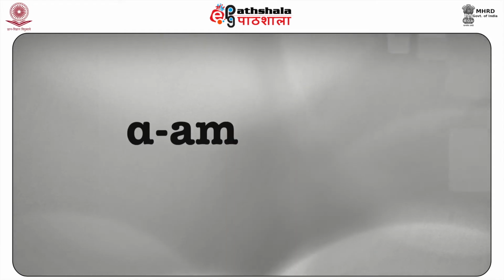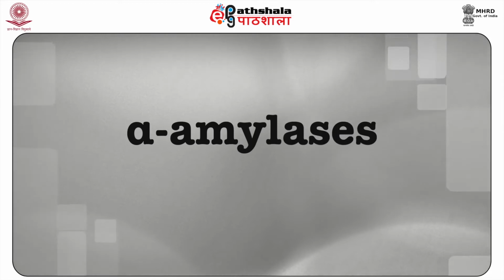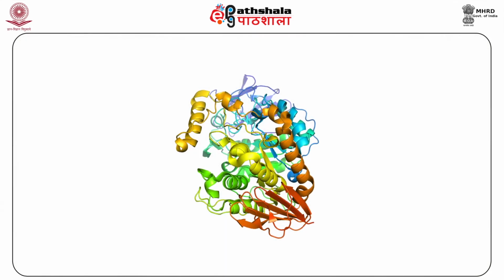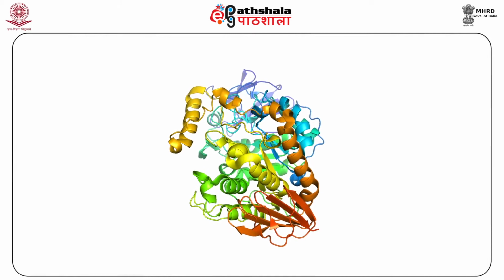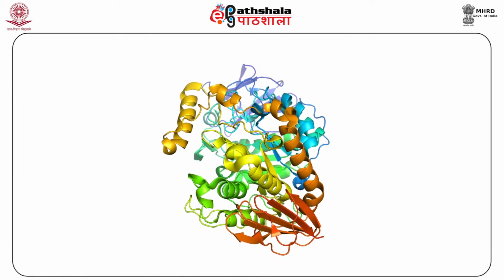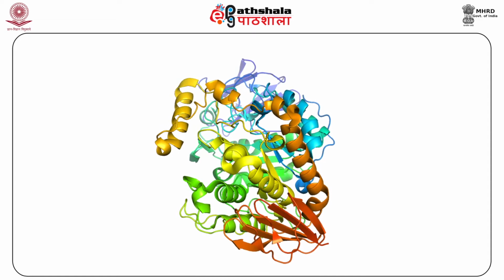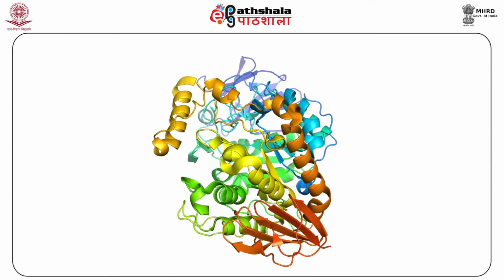There are three major types of amylases: alpha amylases, beta amylases and glucoamylases. They act primarily on both starch and glycogen. Let us now talk about alpha amylases. They are found in all organisms and they hydrolyze the interior alpha 1,4-glucosidic bonds of starch in both amylose and amylopectin, glycogen and cyclodextrins with retention of the alpha configuration of the anomeric carbon.